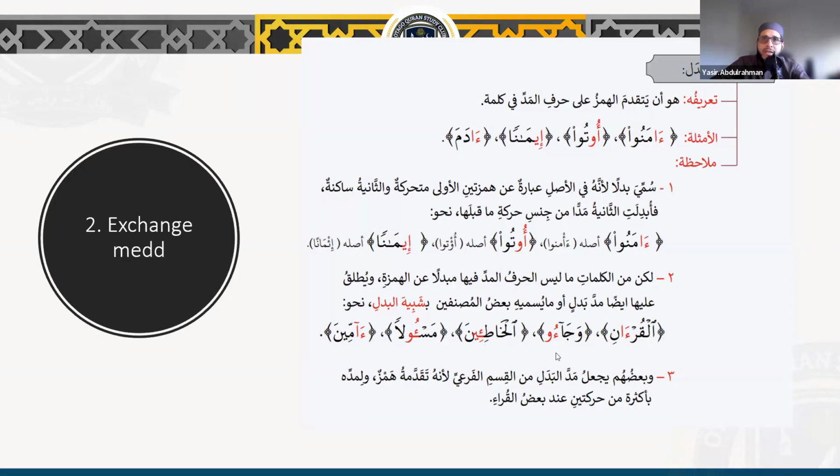Al-Quran, وجاءوا, الخاطئين, مسؤولا, آمين, right? These ones, some people call it شبيه البدل. It's similar to the exchange, right? Because the hamza and the letter after it is naturally like this. It's not something that has been changed to match that.